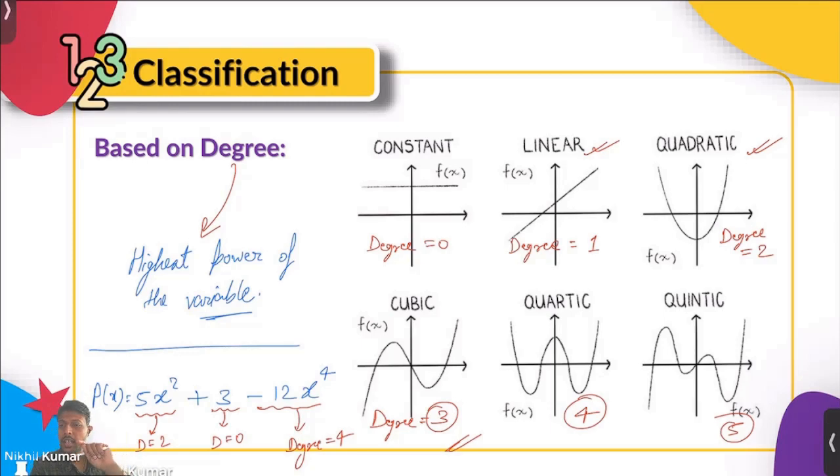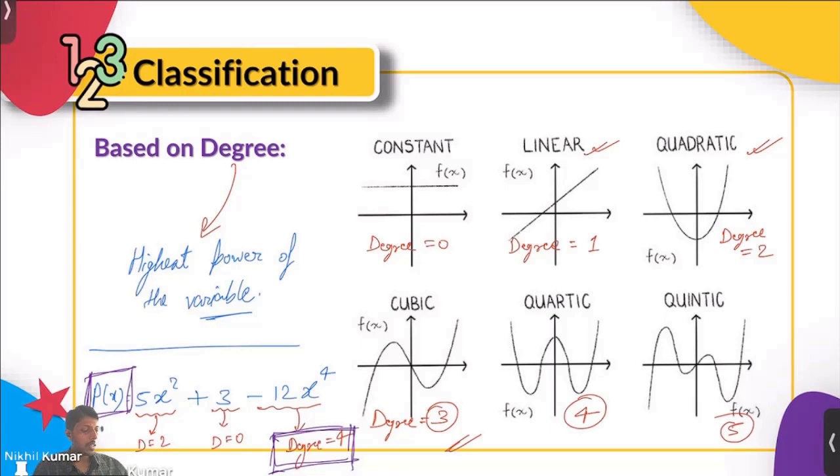So what is the degree of this entire polynomial p of x? The degree of this entire polynomial is basically the degree of that term which is highest. In other words, the highest degree of a term in a polynomial is the same as the degree of the polynomial. Let's move on.